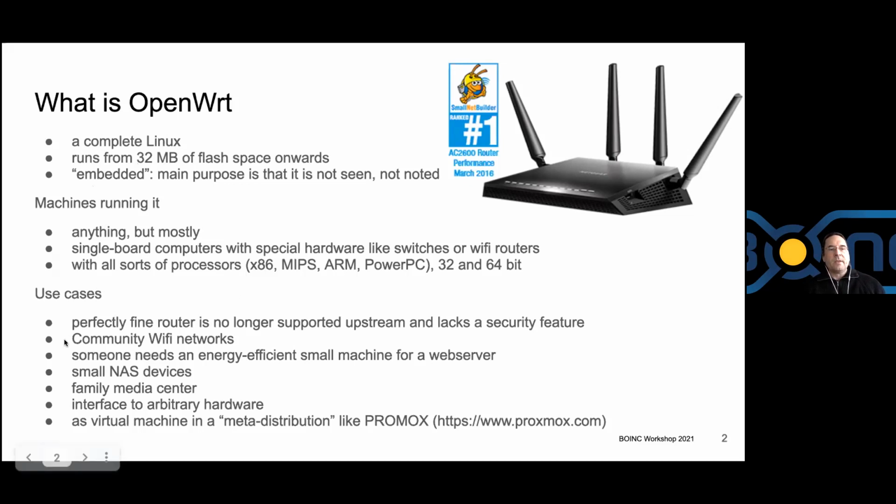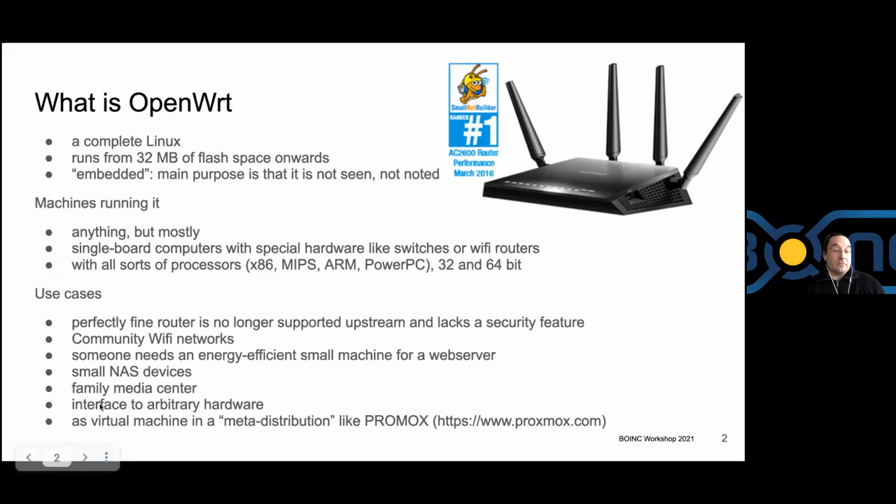Also, where I come from is the community Wi-Fi networks, or WLAN networks, as we say. So like when the neighborhoods get together and want to communicate between themselves or their visitors. And whenever you need a web server or your family wants to have some data storage shared for videos, OpenWrt comes very handy.